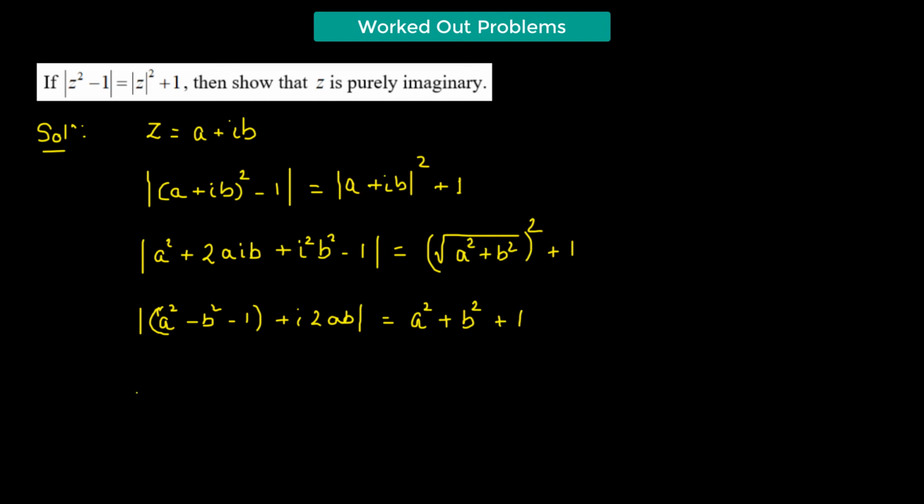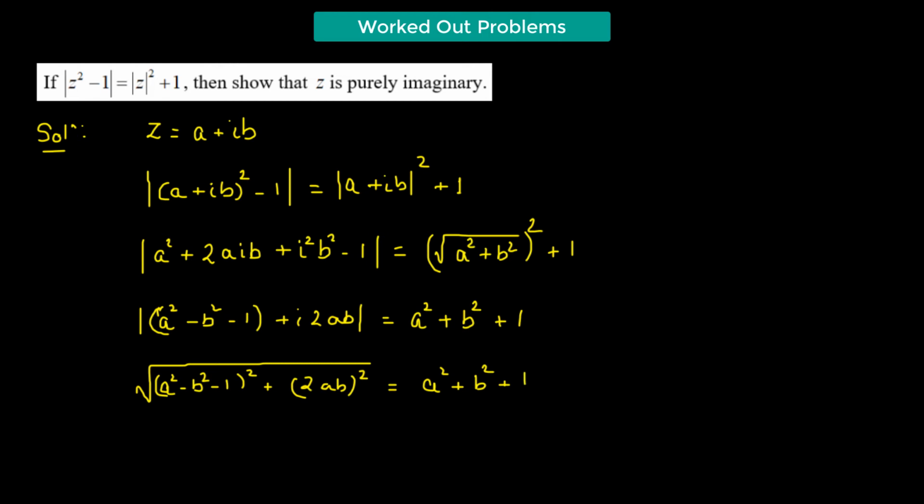So now let's take the absolute value of this particular complex number. So we have the square root of a squared minus b squared minus 1 whole squared plus 2ab whole squared, and this value is equal to a squared plus b squared plus 1.